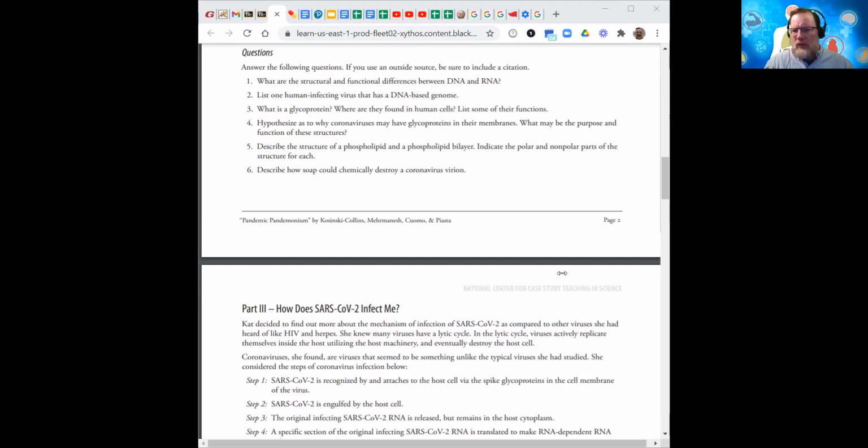And soaps generally have a polar head group and a non-polar tail, just like our phospholipids. Soap molecules tend to solubilize the hydrophobic proteins and phospholipids in the membrane of the COVID virus. So it pulls them apart and incorporates them into what we call micelles.